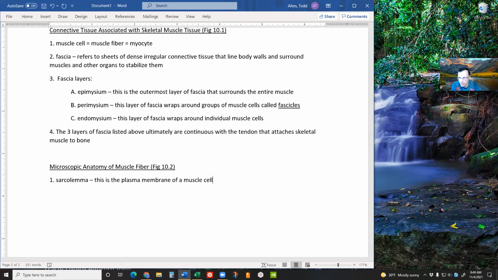You know, from a beginning student's perspective, I think it would be very reasonable if you were thinking to yourself, why in the world do I need to call it the sarcolemma? Can't we just call it the plasma membrane and be done with it? Well, I get that kind of thinking, and I kind of agree with it. But here's the deal, right? The sarcolemma is the plasma membrane specifically of a muscle cell.